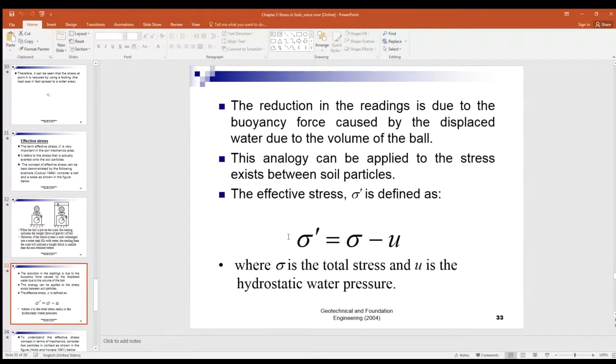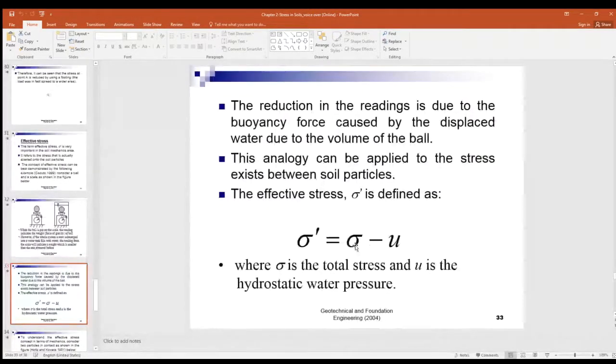For the same concept, we also define effective stress in the soil by this analogy. The similar principle: the stress between the soil particles will be equal to the total stress minus the pore water pressure.